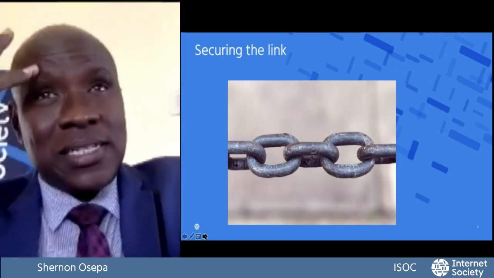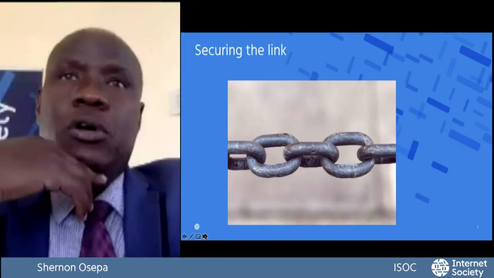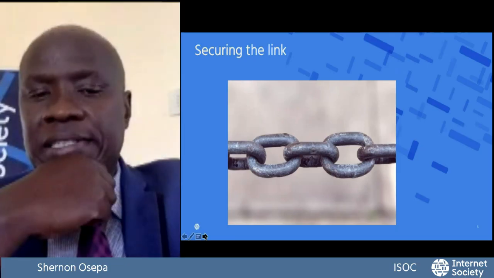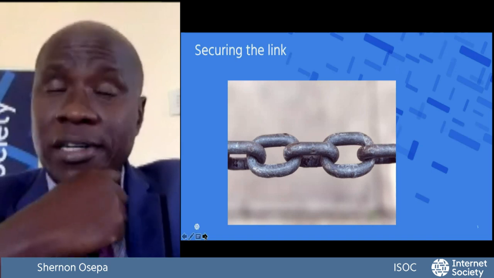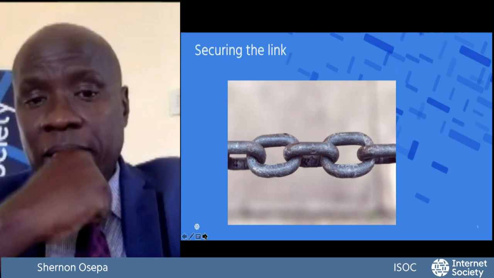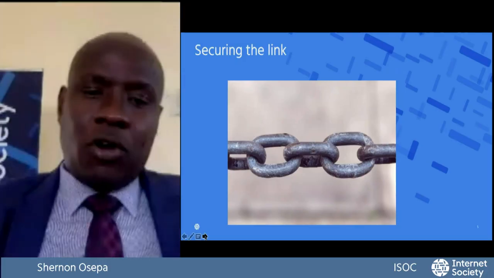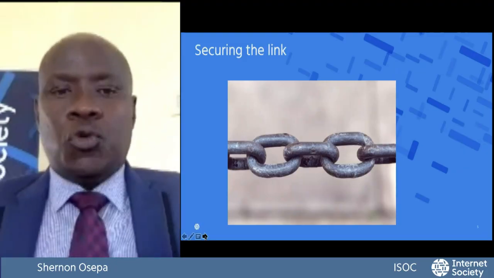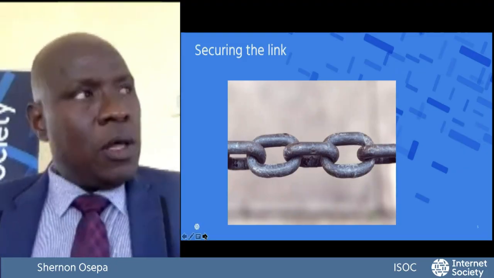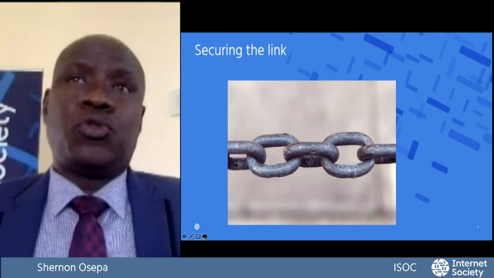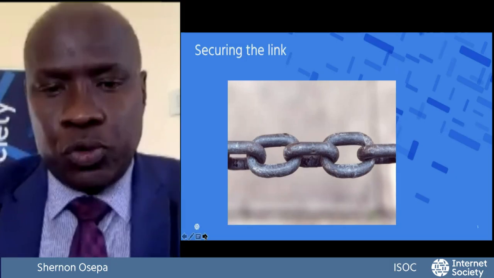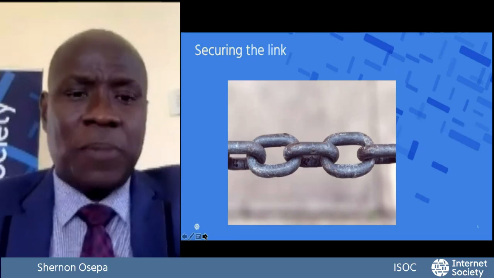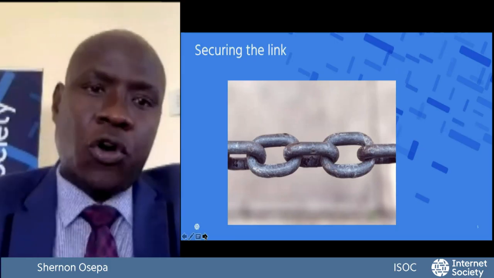And this can cause some problems or challenges because it's not only, for example, the researchers who are using the internet, but nowadays others are using it as well. It's the same as if you're living on an island, only you on that particular island. There is no reason to focus on security. But if you know that others can have access to that island, then you need to find a way to secure your island. And this is the same thing with the internet. So nowadays, a lot of people are using it. That is why we need to secure the link.